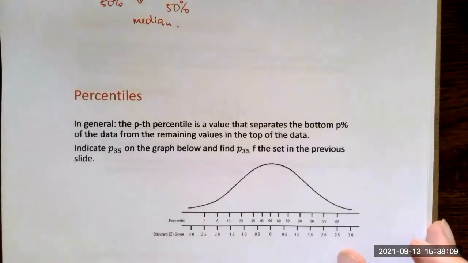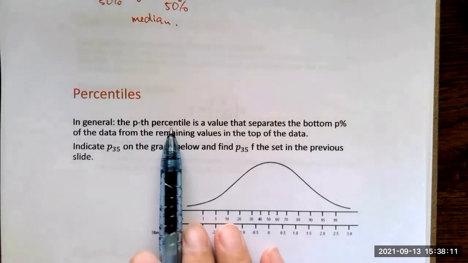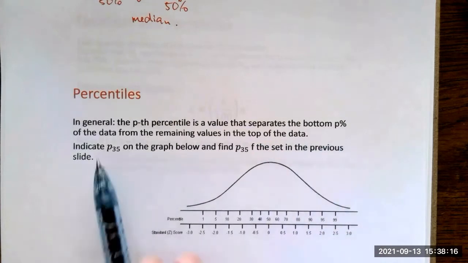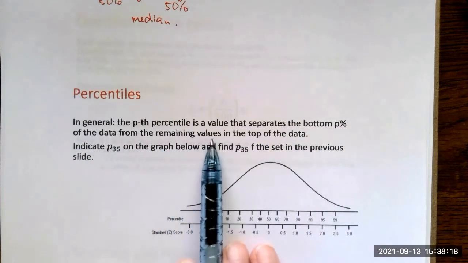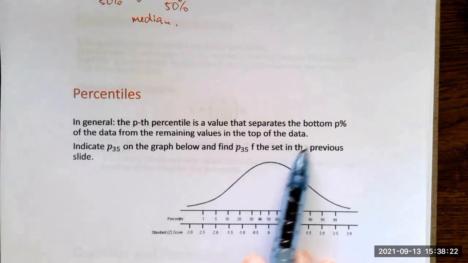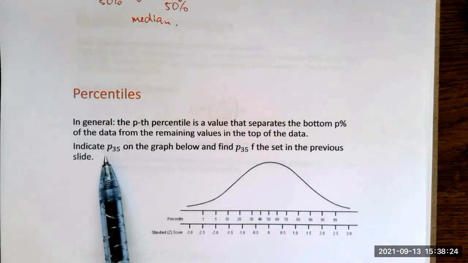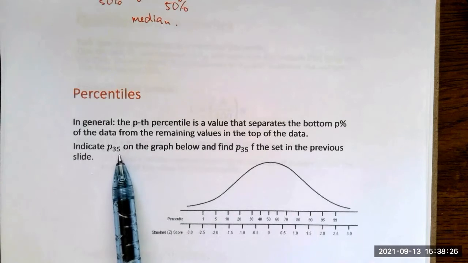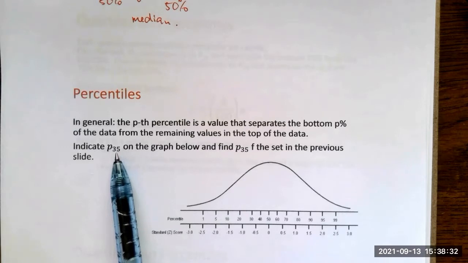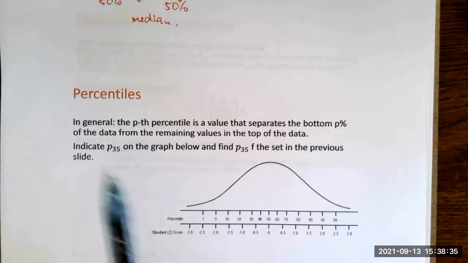It says, in general, the pth percentile is a value that separates the bottom p% of the data from the remaining values in the top of the data. So here's how we write it. P with the subscript 35 means the value that separates the bottom 35% from the top 65%.